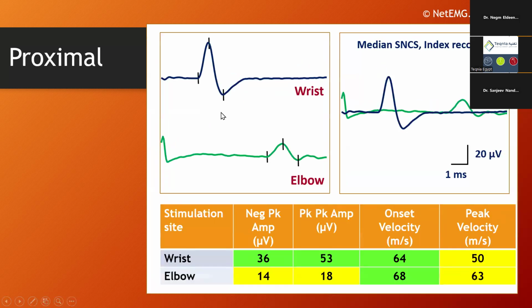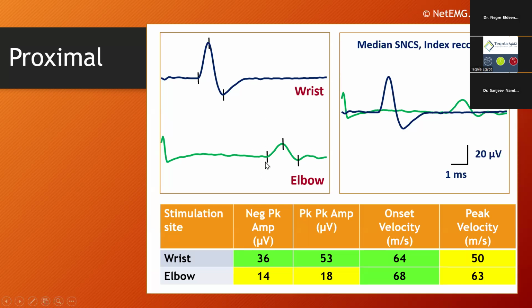When we did the proximal stimulation in motor nerve conduction, we got a response that is very similar at the two stimulation sites. That is not the case in sensory nerve conduction. You get a much lower amplitude response with proximal stimulation. The amplitude will decrease more as we increase the distance between the stimulation and recording sites.